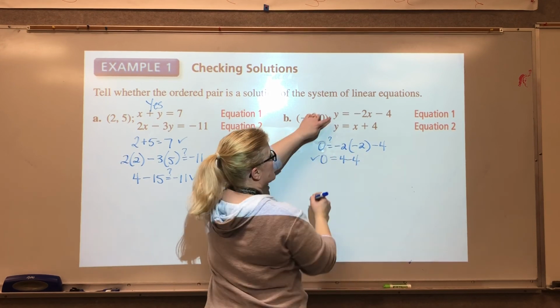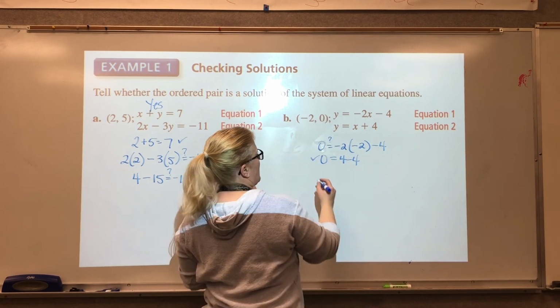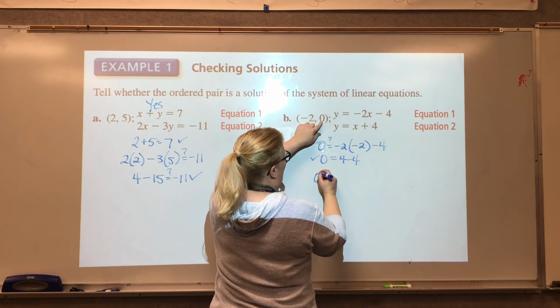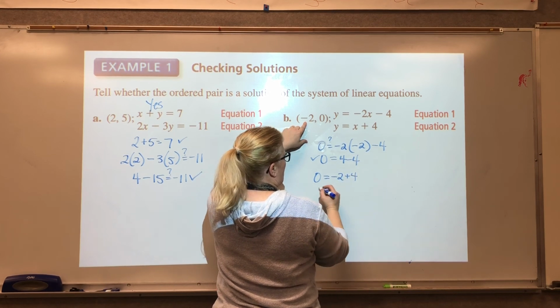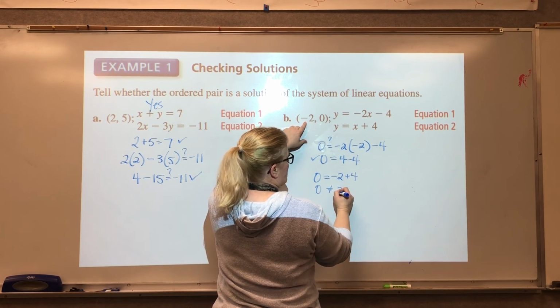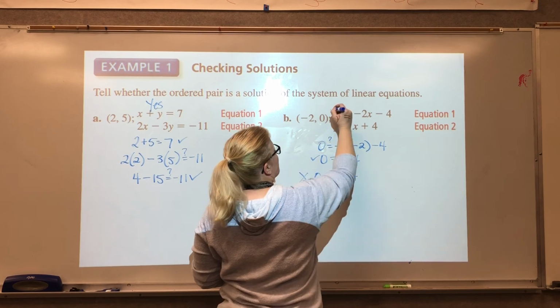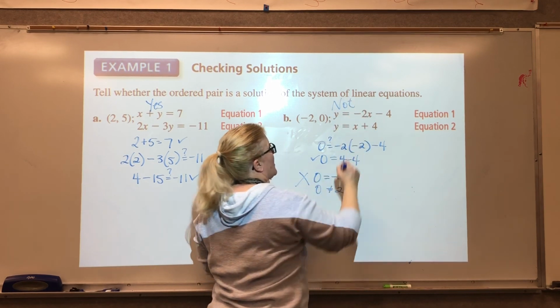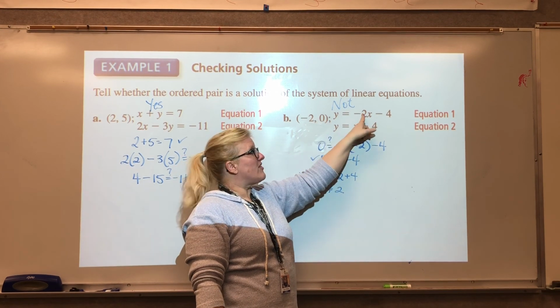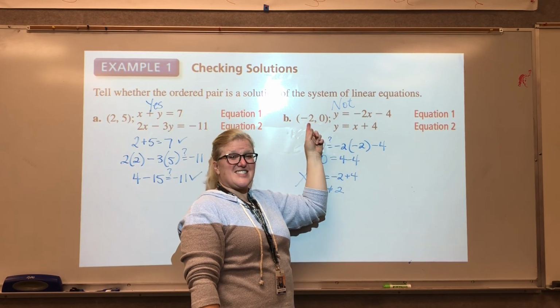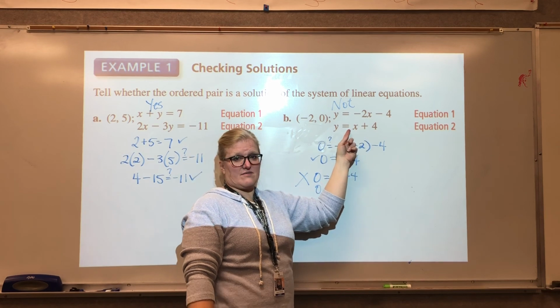So that one works. Now let's see if it works down here. y equals x plus 4, so 0 equals negative 2 plus 4. Well, 0 does not equal 2. So this one is not a solution. It works for this one. This is a point on this line, but this is not a point on this line.